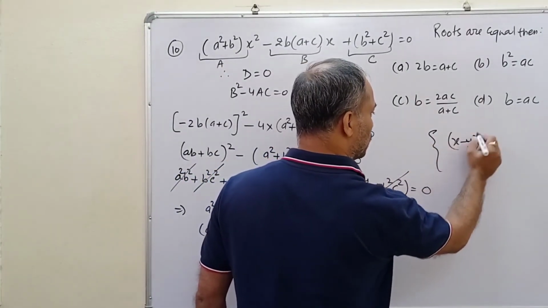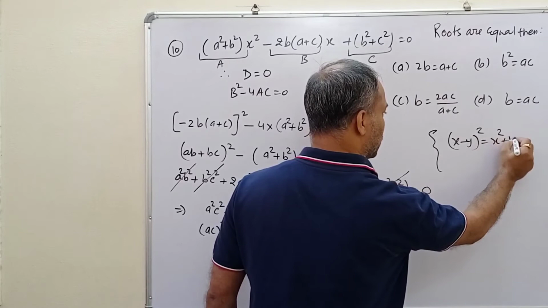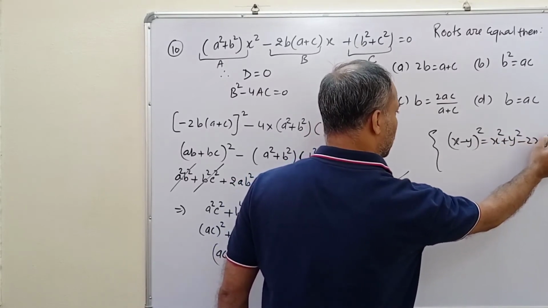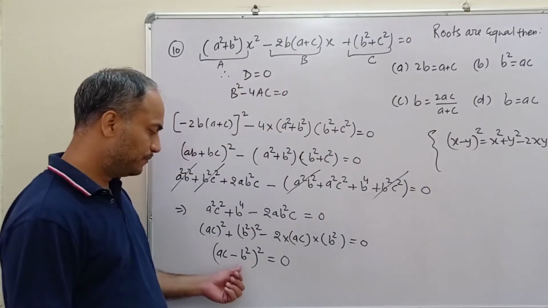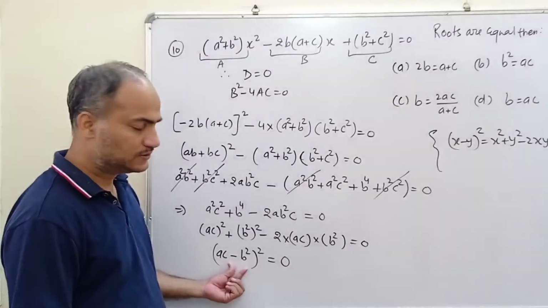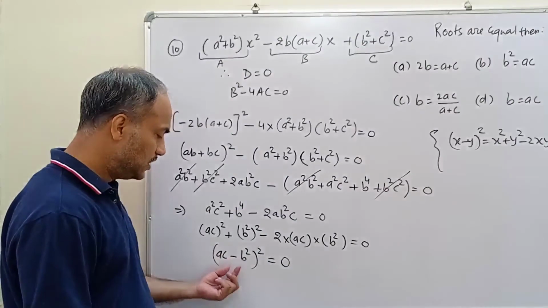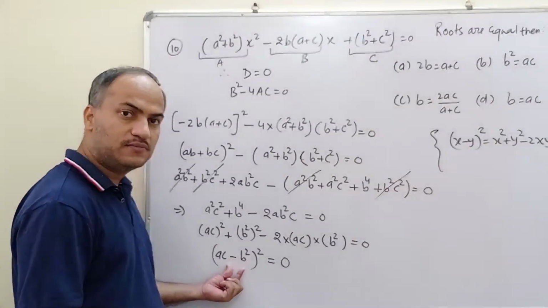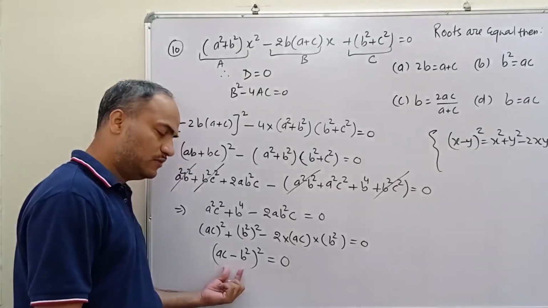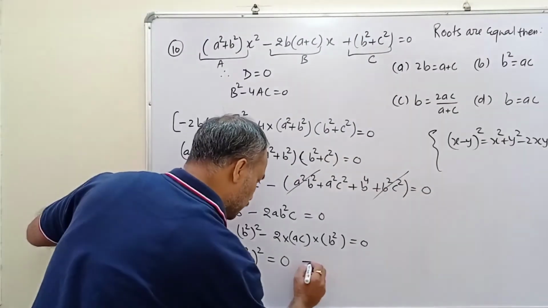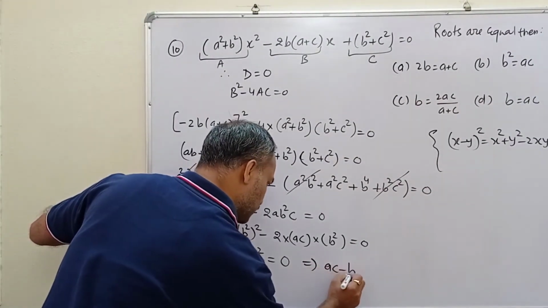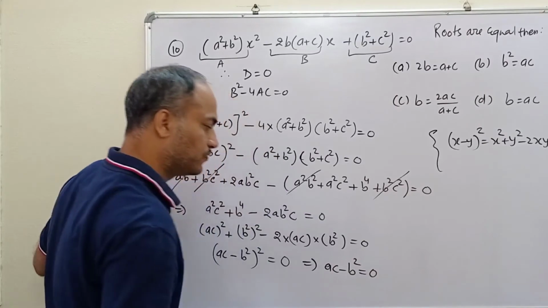X minus y whole square is x square plus y square minus 2xy. So we are using this formula and writing the term like that. Now we can take a square root on both sides, or we can see that if the square of any real number is 0, it means the term will be 0. So from here AC minus B square will be 0.